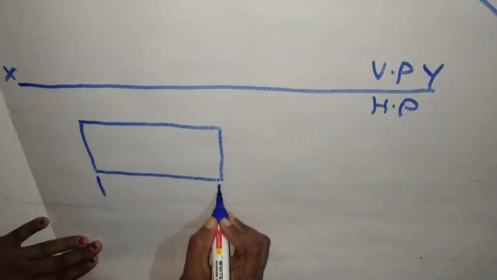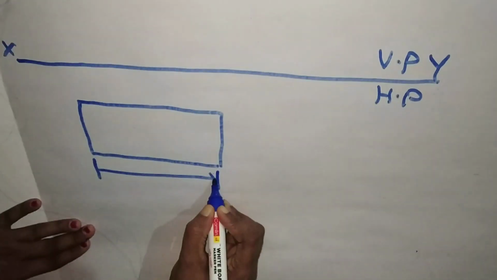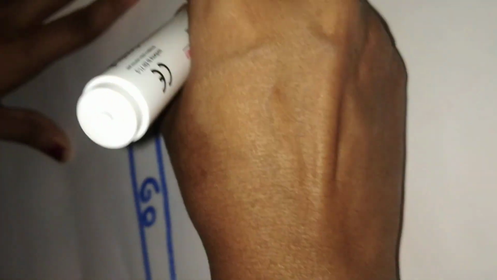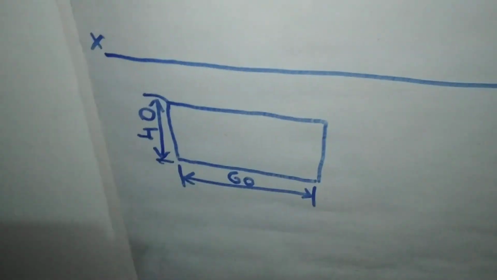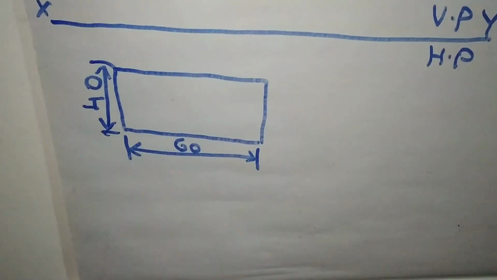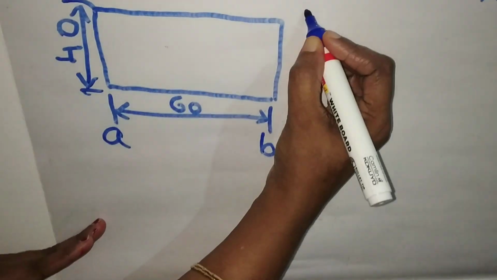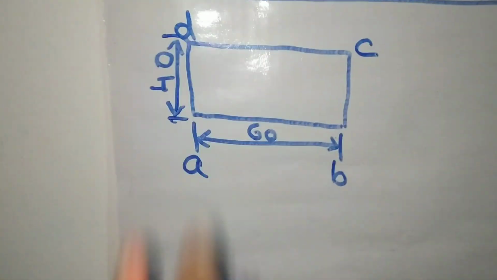The dimension goes like this: this is 60 mm and this is 40 mm. Fine. I'd like to name it A, B, C, D.